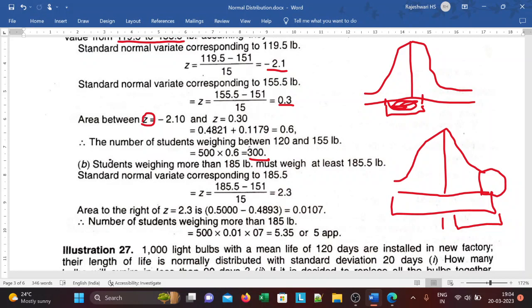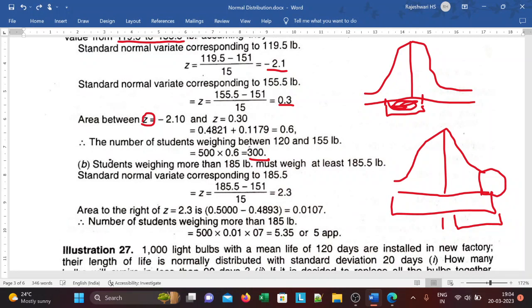So it is 5.35, or 5 students we can consider. So 5 students are falling above the weight of 185 pounds. Above 185 pounds we can get only 5 students. That is the meaning. So hope you understood.